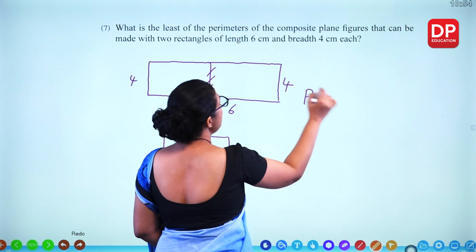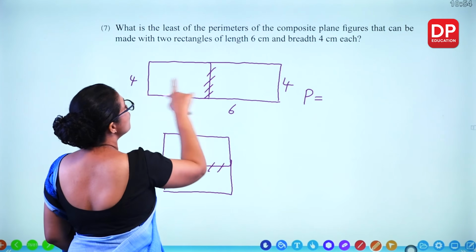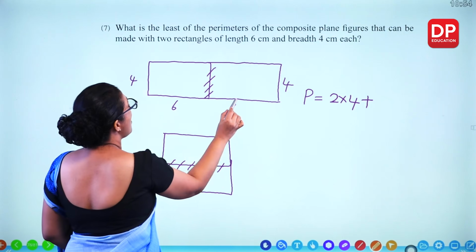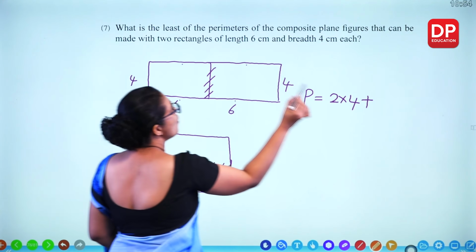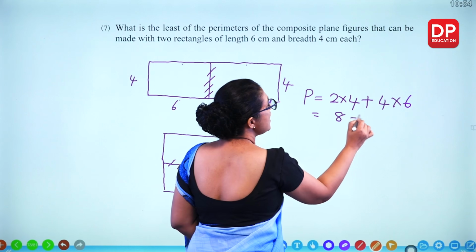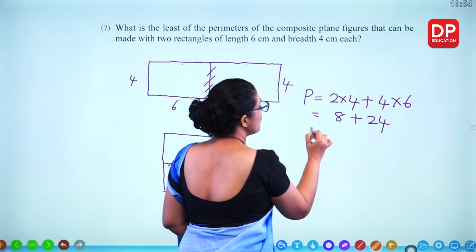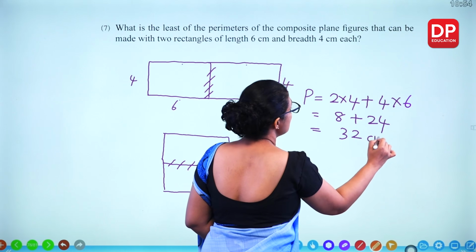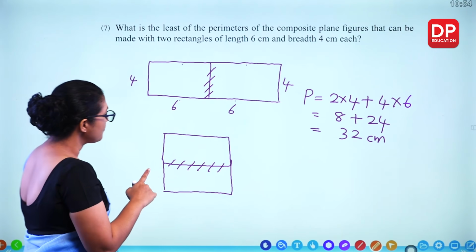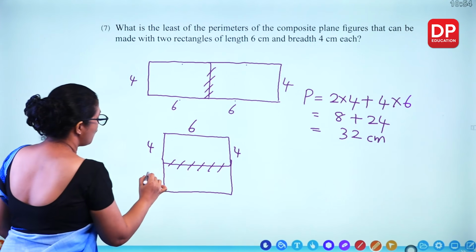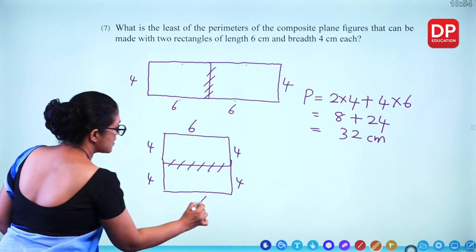Perimeter we can find: 2 times 4 and 1, 2, 3, 4, so 4 times 6. What you get? 8 and 24, 32 centimeters. This one is 6, 4, 4, 4 and 6.